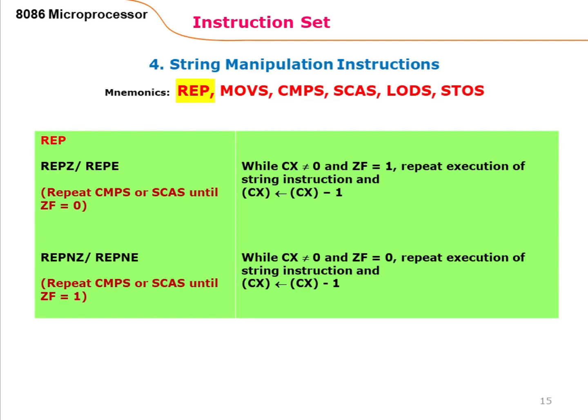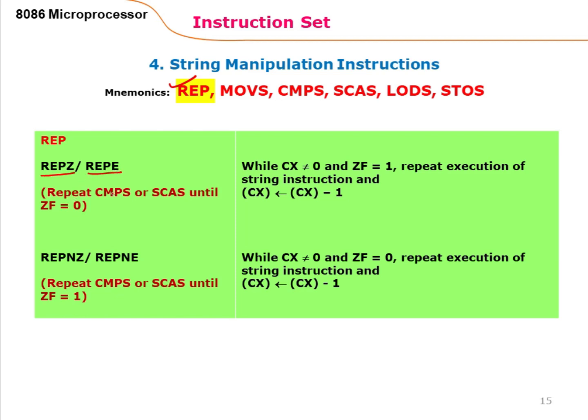So the first instruction is REP, that is repeat. We can use this instruction with some condition. Here REPZ or REPE: REPZ means repeat if zero flag is set, and REPE, both are equal. So repeat the instruction while they are equal, which means they compare the counter register.